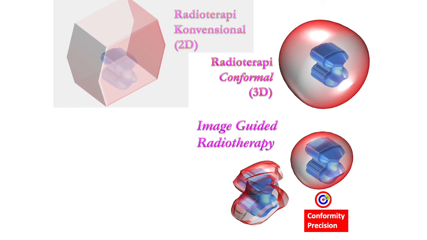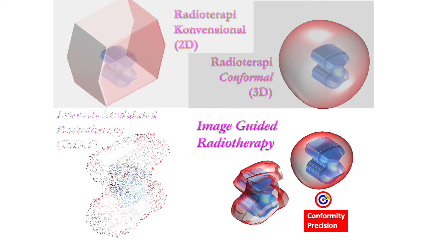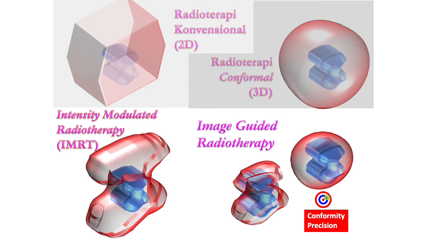Now with 3D methods, the portion of normal tissue surrounding the target can be reduced, in the shape of a tube or an egg. And if we use IMRT, then the radiation beam can be shaped according to the target's shape. All the target's curves can be followed.